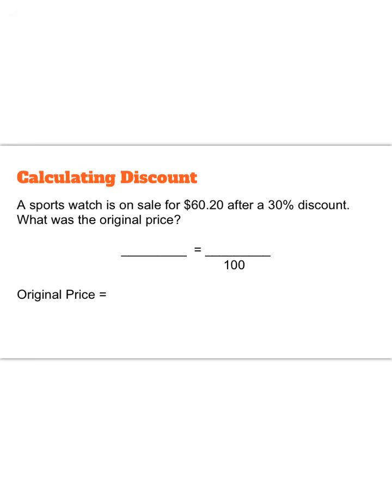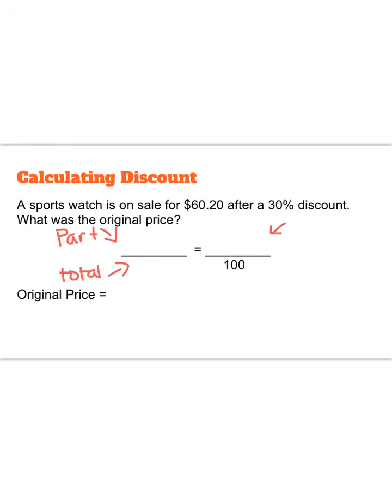What was the original price? Now, generally, we've been working with this is the amount of discount over this is the original selling price, and this is the percent. This one doesn't really fit that very well, so we might have to go back to our original thoughts on proportions, where this is the part and this is the total.